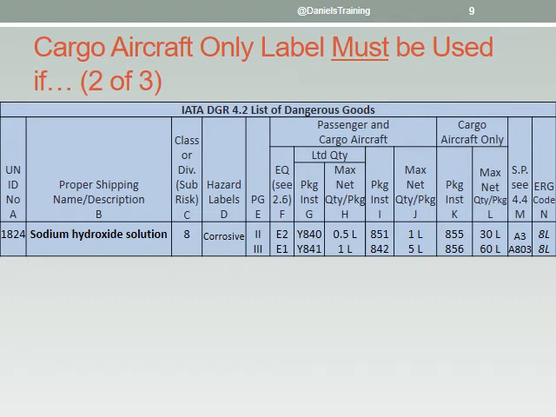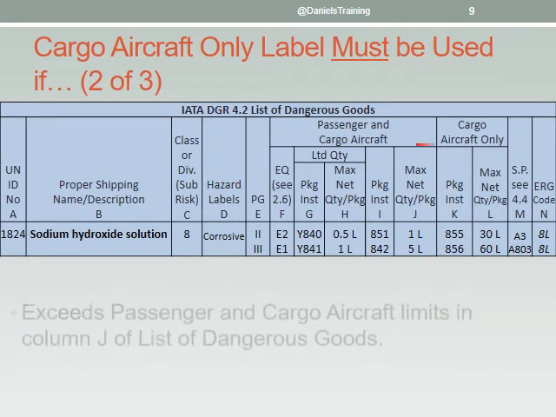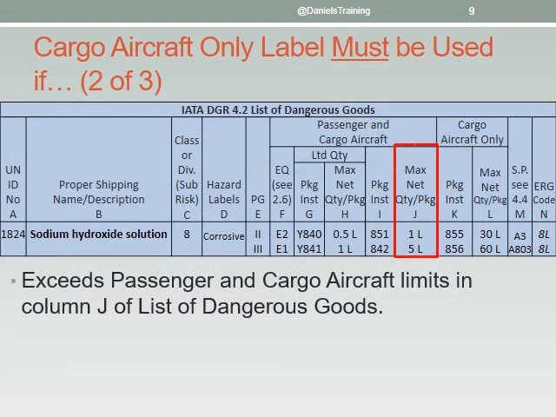The other situation when a cargo aircraft only label must be used is if the quantity of the dangerous goods exceeds the passenger and cargo aircraft limits, which are found in column J of the list of dangerous goods.